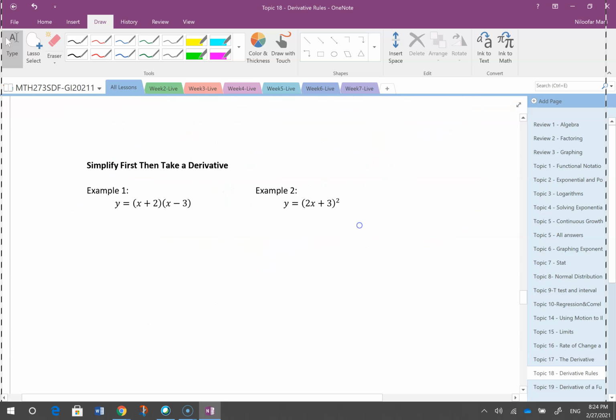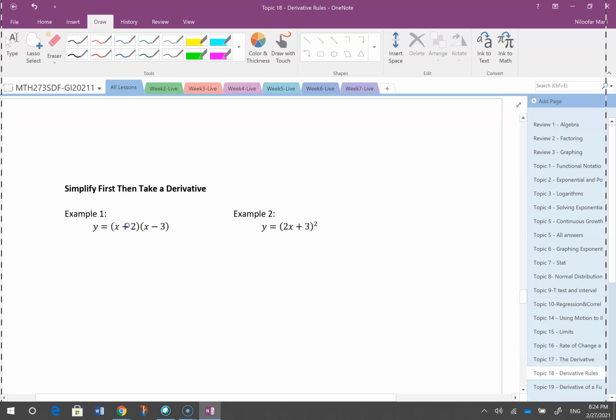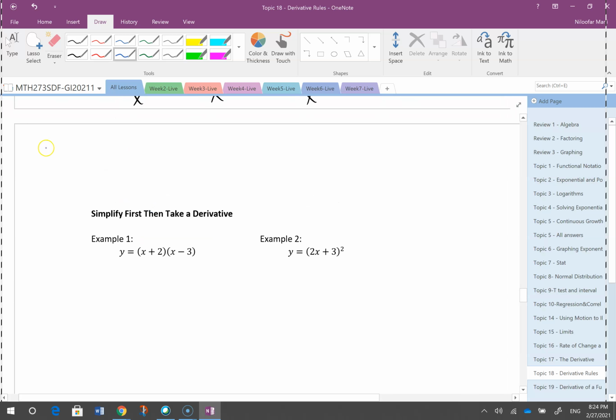So the next one, what is derivative of this here? You would say, is it derivative of first multiple derivative of second? No, doesn't work that way. If I have f of x multiple g of x, derivative is not derivative of first multiple derivative of second.